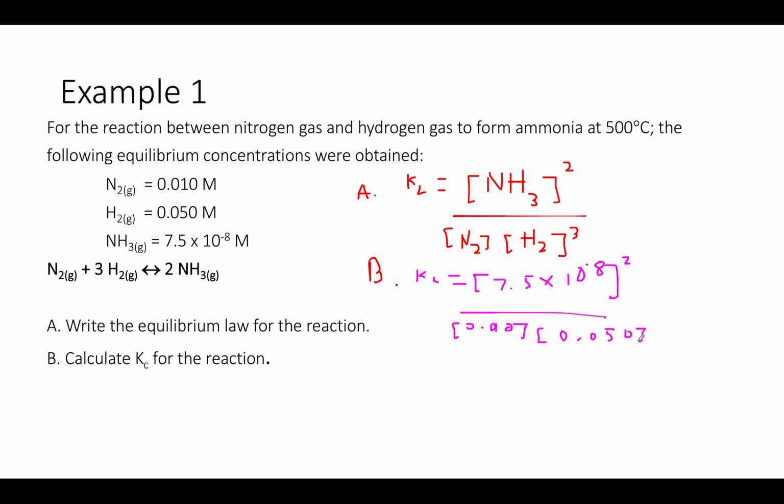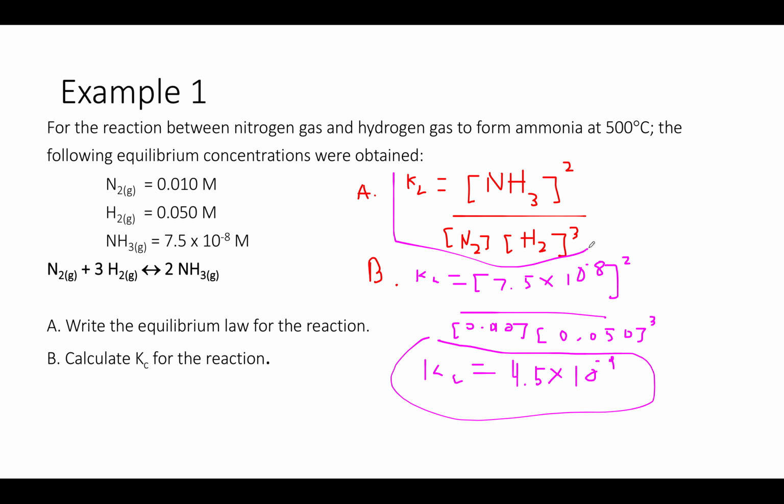So we're just plugging in what we know. So Kc for this reaction, on my calculator, would equal 4.5 times 10 to the negative 9th. So that is Kc, and this is the equilibrium law.